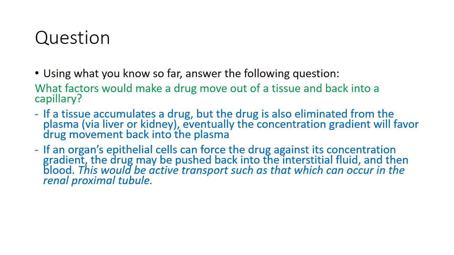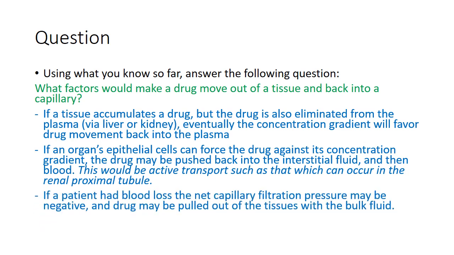So again, the first one was concentration gradient. The second answer was transporters, which will require energy to fight that uphill battle. And then if a patient had blood loss, and that's a rare occasion, the capillary filtration pressure could actually be abnormal.